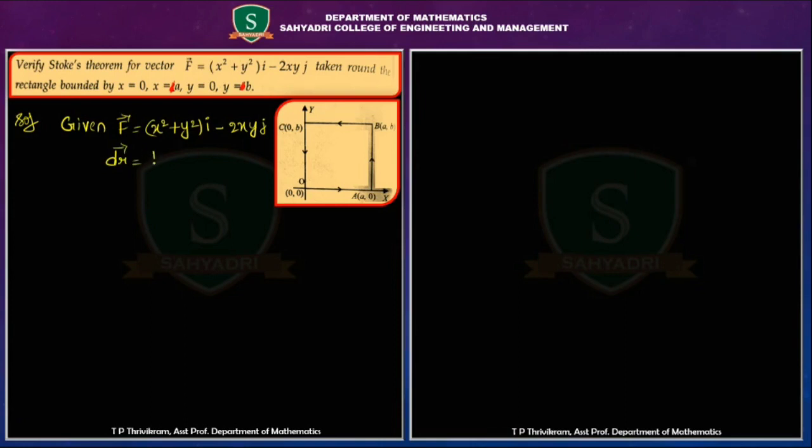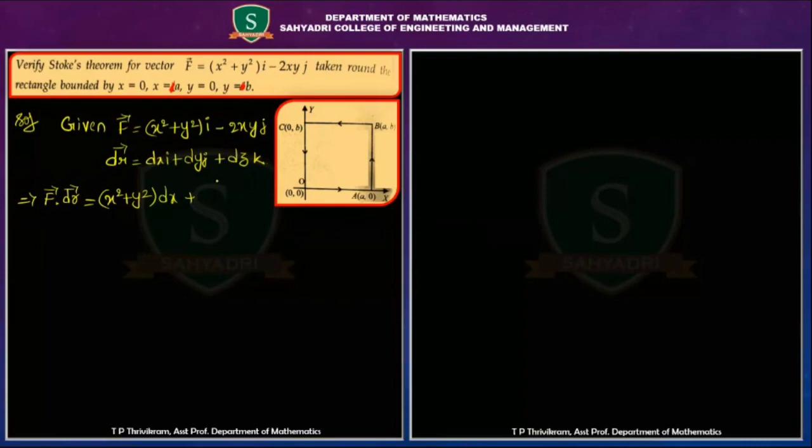Dr vector is nothing but dx i plus dy j plus dz k. So we need to find F dot dr. F dot dr is equal to (x square plus y square) dx minus 2xy dy. Here k is not there, so plus 0 will come. So this is F dot dr.